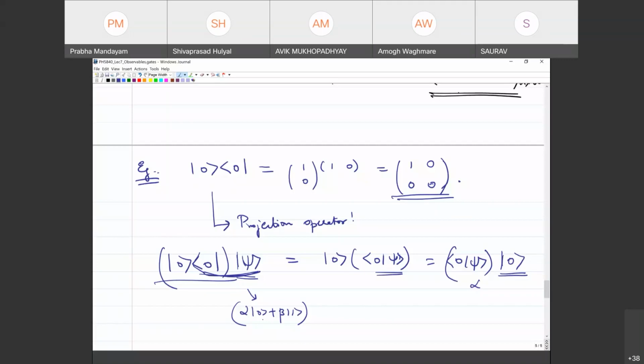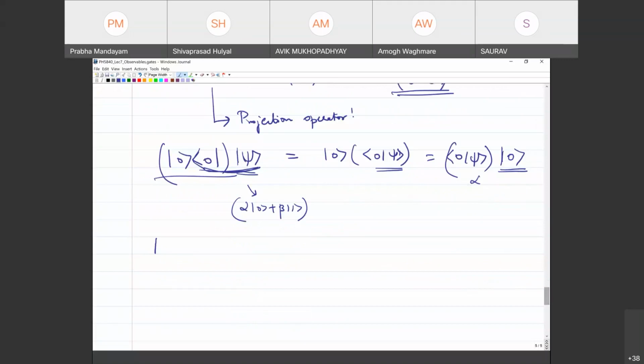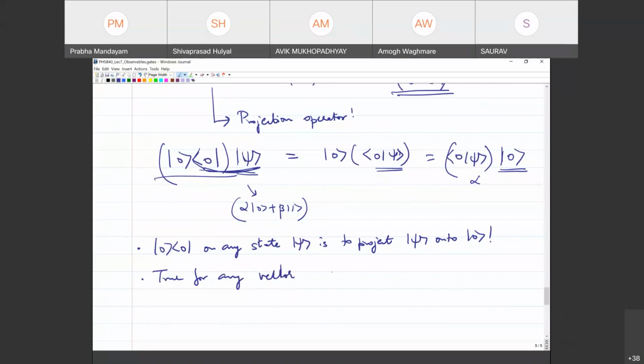So the action of |0><0| on any state psi is to project psi onto 0. In fact, this is true for any state or any vector v.